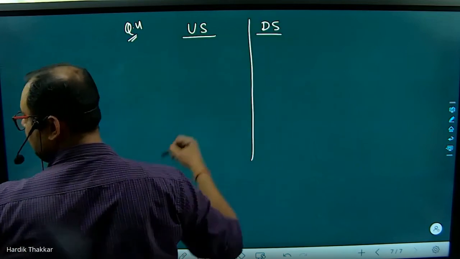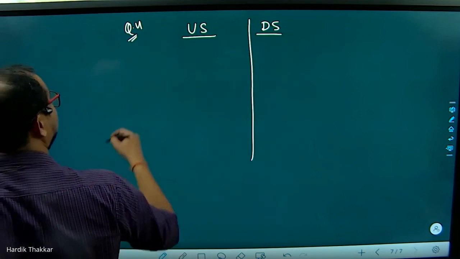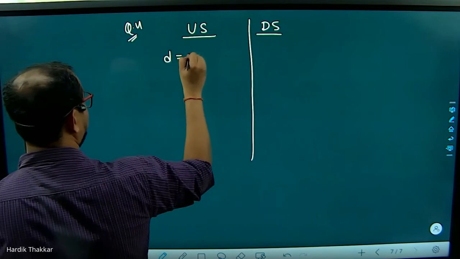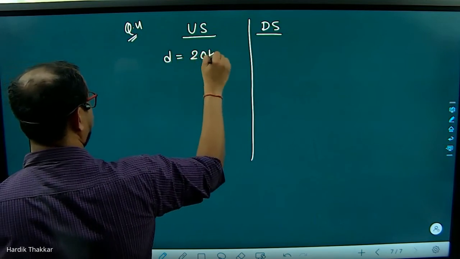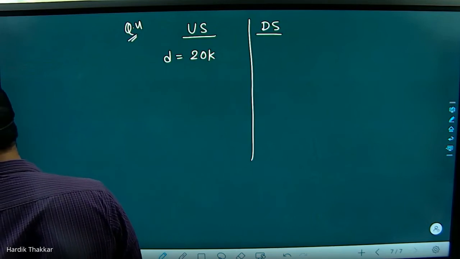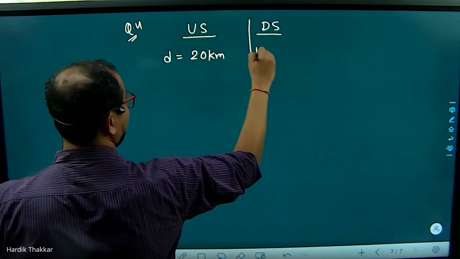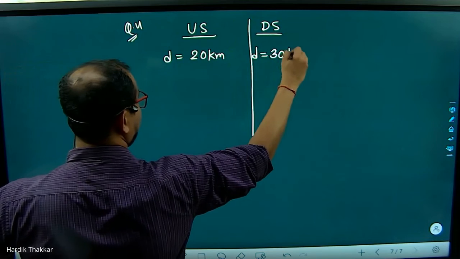So a boat goes 20 kilometer upstream, so distance in case of upstream is given 20 kilometer and 30 kilometer in downstream. So in case of downstream, the distance is given 30 kilometer.